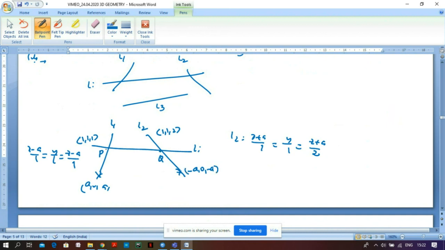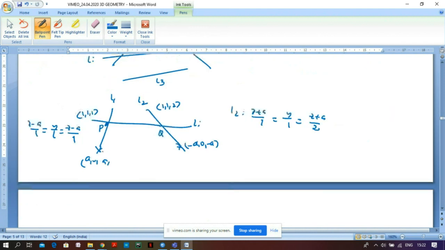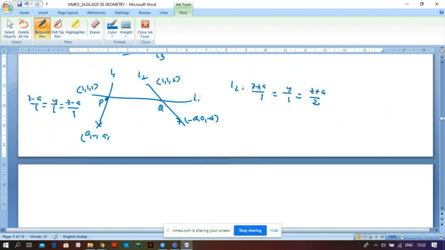So P and Q are the points where L meets them. I will write these equations in distance or parametric form. Let's call the parameters R1 and R2. Any general point P on L1 is given by (R1 plus a, R1, R1 plus a).